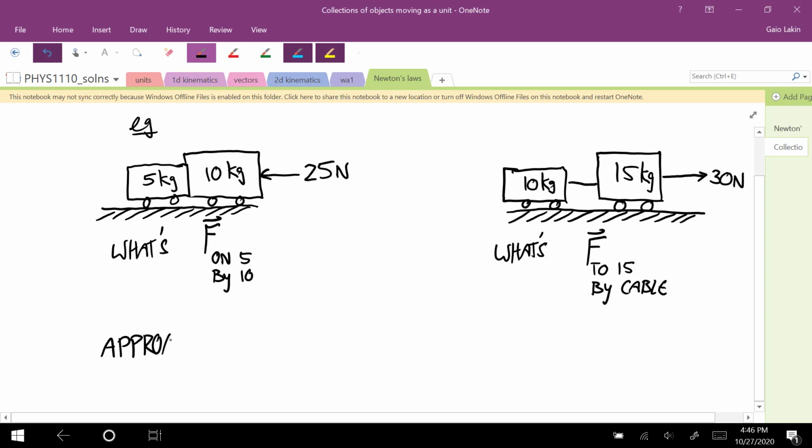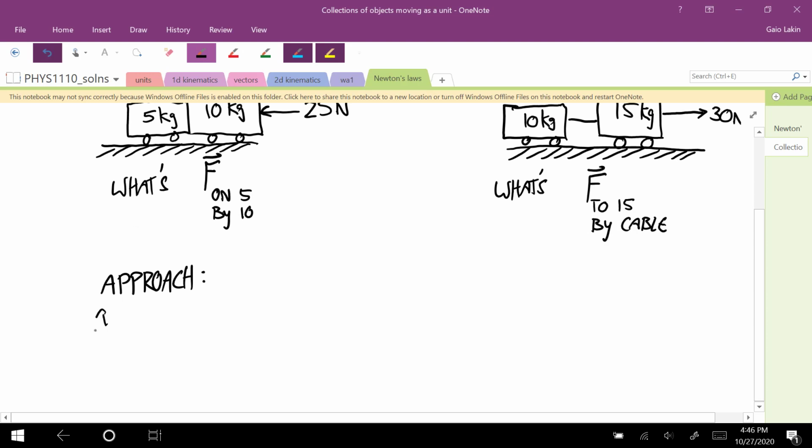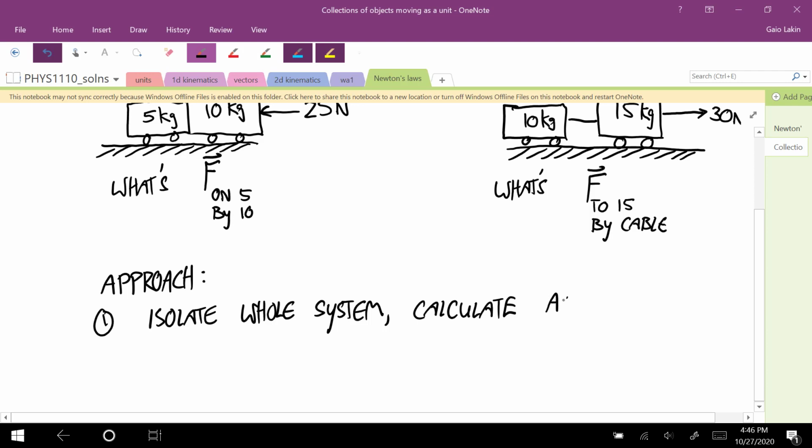So the approach is first, we're going to isolate the whole system. And from that, we're going to calculate the acceleration. And then second, we're going to isolate an individual body.